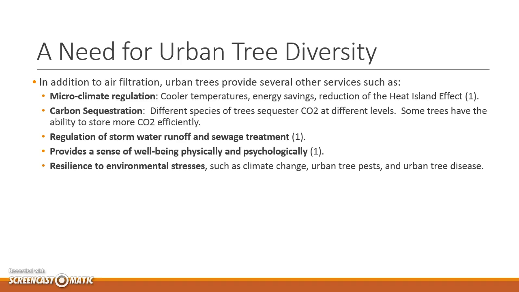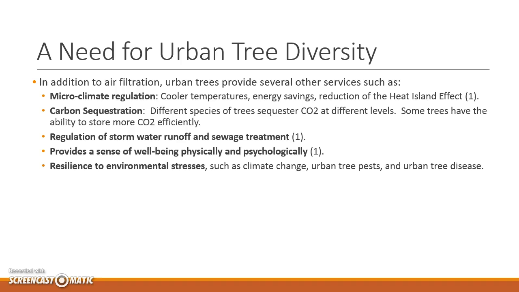In addition to air filtration, urban trees provide several other services. Microclimate regulation: urban trees provide for cooler temperatures, energy savings, and a reduction of the heat island effect in cities. They also provide carbon sequestration. Different species of trees sequester CO2 at different levels.